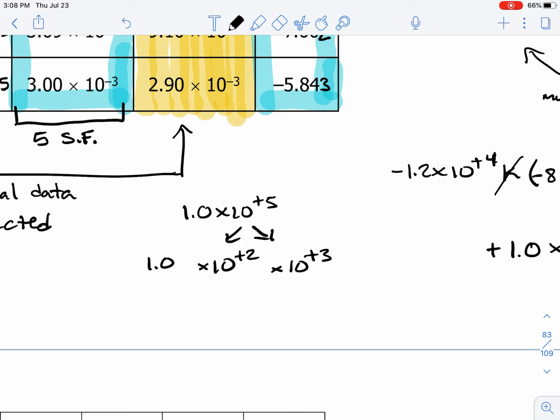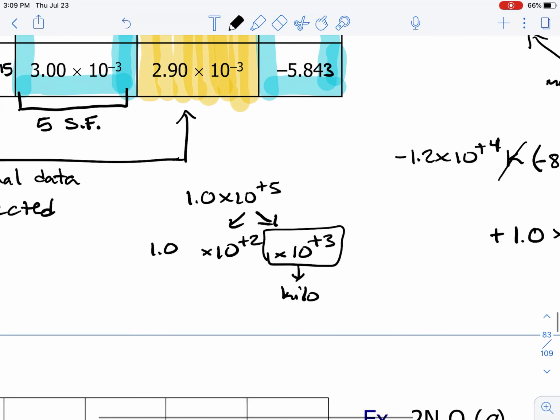And so if you were to multiply these two, you're basically adding these two exponents. So 3 plus 2 is 5. And the times 10 to the positive 3, that's the same thing as a kilo. And so what you get is 1.0 times 10 to the positive 2, since that's the only thing that remains.